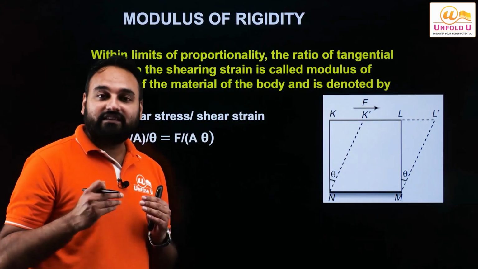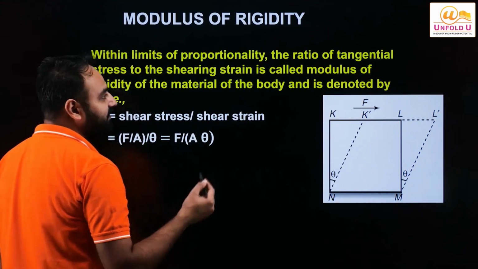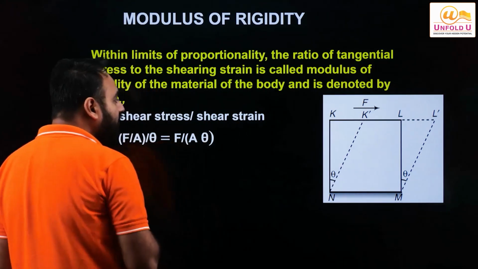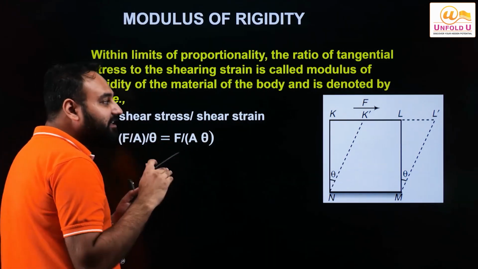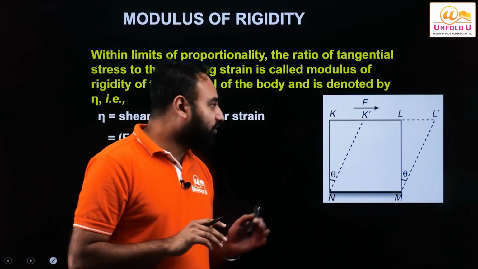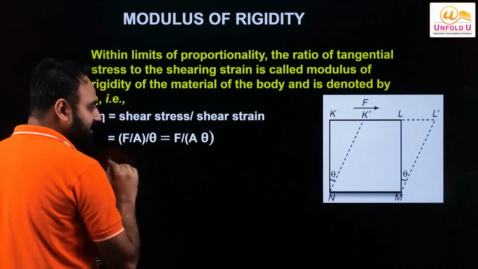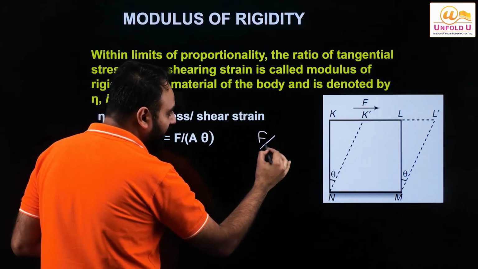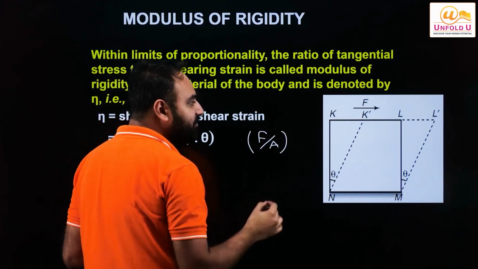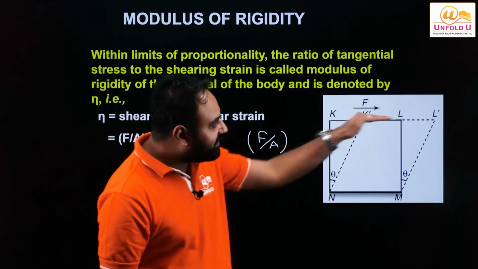Now let us define the third type of modulus, and that is modulus of rigidity. This modulus of rigidity is basically defined for tangential stress and strain, right? So how do we define it? We define it as tangential stress, which is force by area, but this time which area do we have to consider? We have to consider the area on which force is acting.